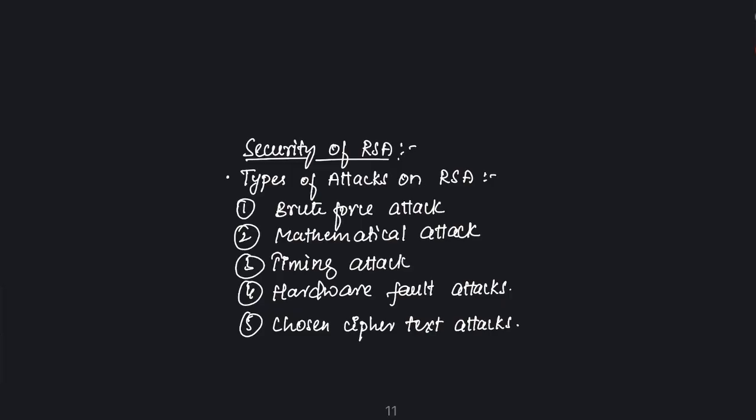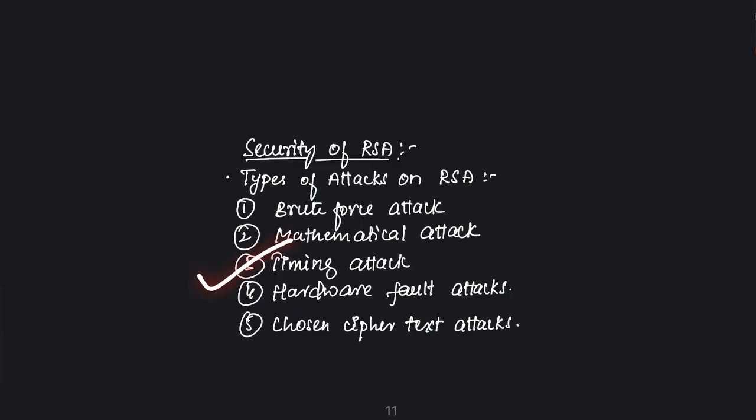The challenge of factoring large numbers is one of the security aspects of RSA. As computational power increases and factoring algorithms improve, the effective key size needed for security also increases drastically.